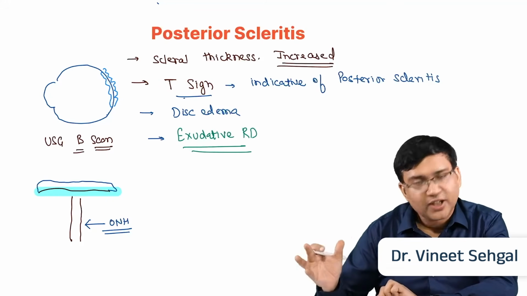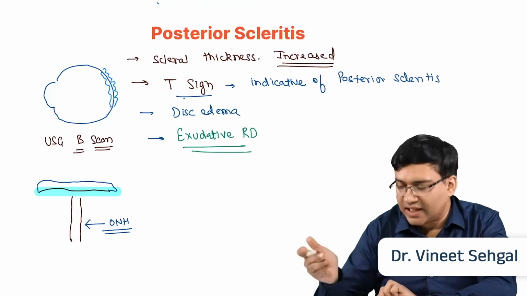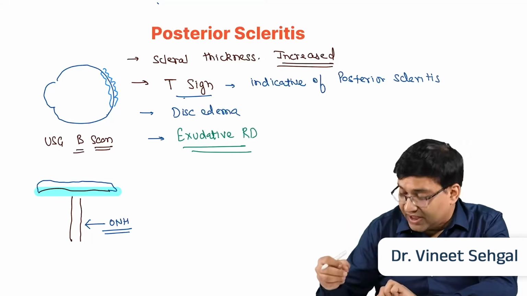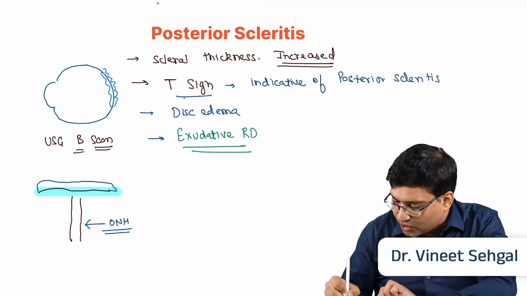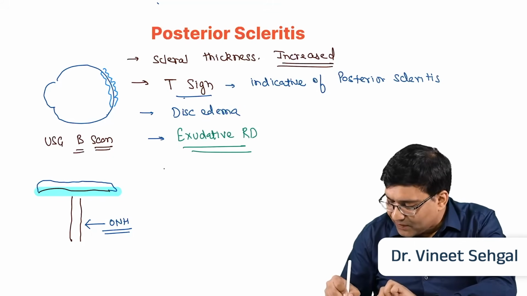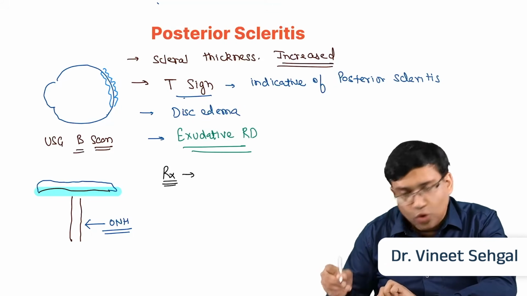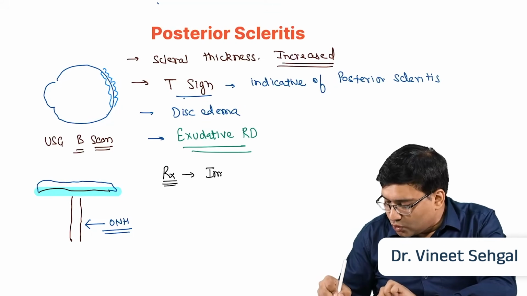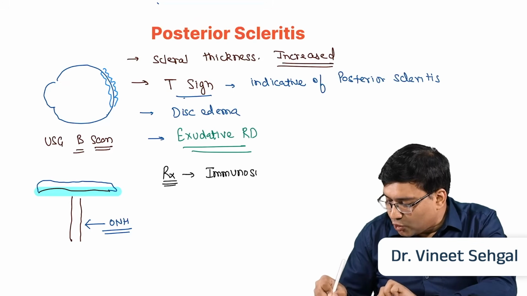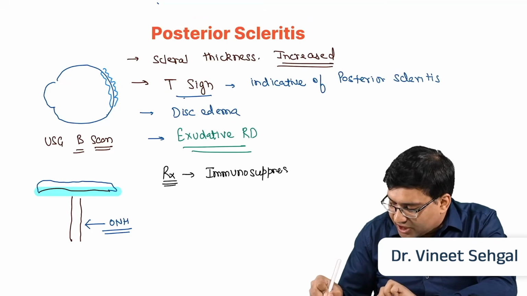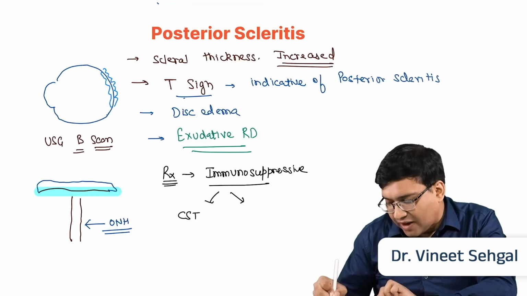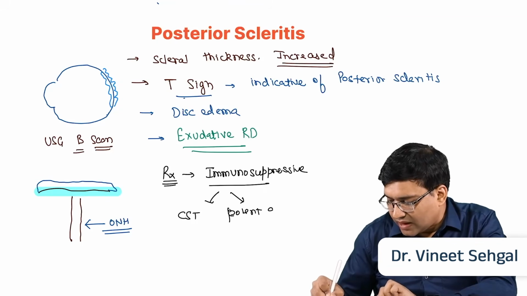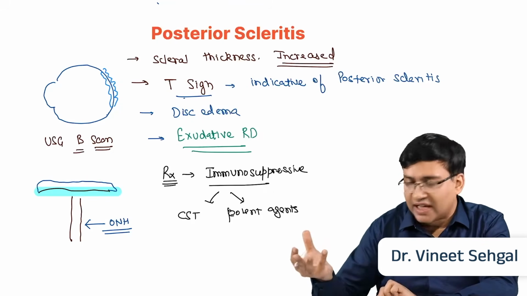So these are some important points you should remember regarding the posterior scleritis, and as the condition is more severe, whenever you are having a scleritis, anterior or posterior, the management is more aggressive. You have to start with immunosuppressive therapy, where initially you can give corticosteroids, but in the later half you have to use more potent agents like azathioprine or cyclophosphamide.